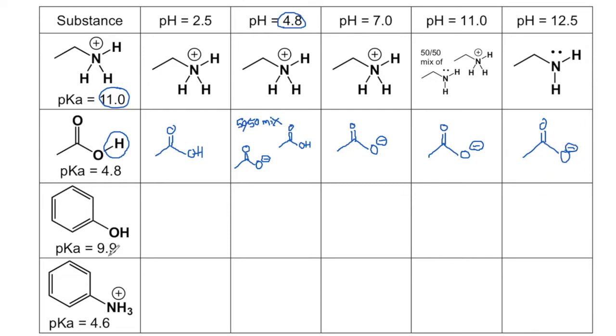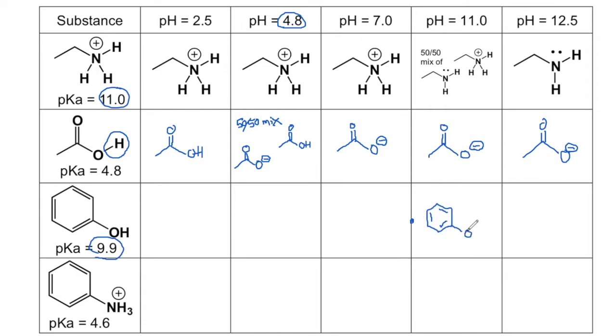All right, so 9.9, we don't have 9.9 listed, so we don't have a box where it's going to make the switch. It's going to make the switch at a pH of 9.9, so kind of like at this point over here. So higher than this, if it's around more basic solutions, then we're going to have the basic form of the alcohol.